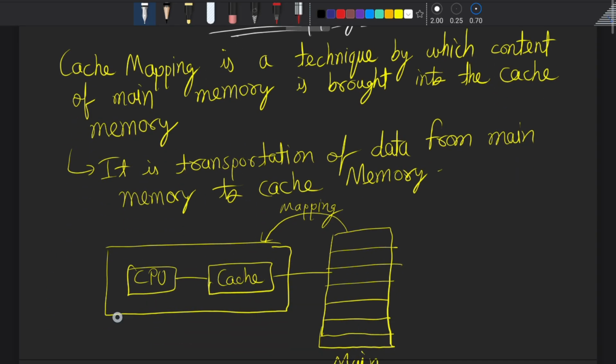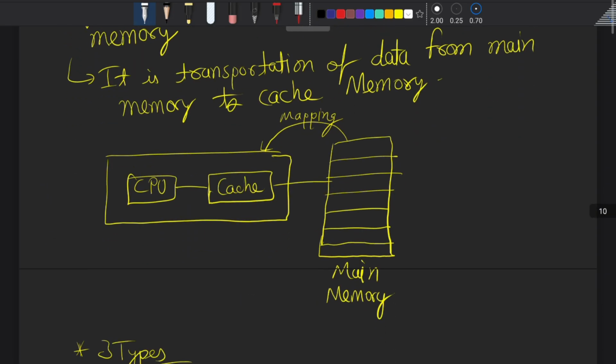As you can see here, here is our main memory, here's our CPU, and here's our cache. So how is the data from main memory mapped to the cache memory, and from where does the CPU access it? These are the things that we discuss in cache mapping.